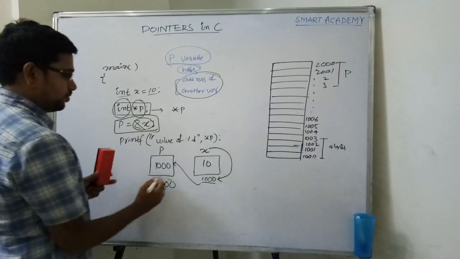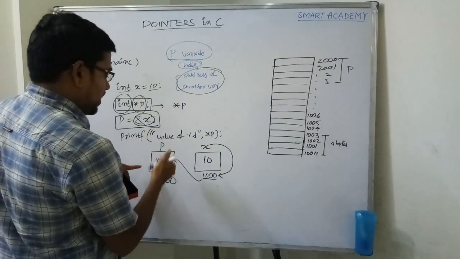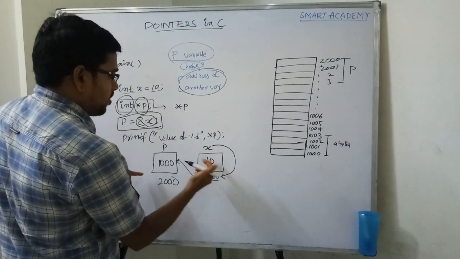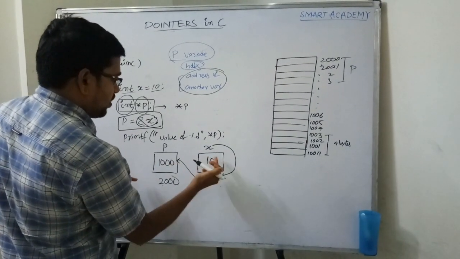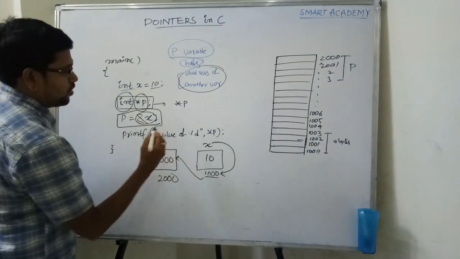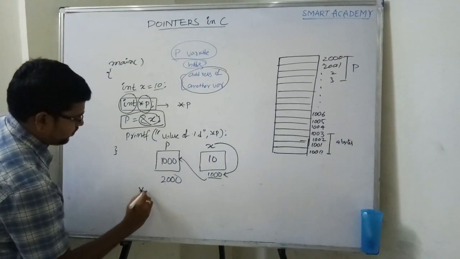Now, how can I retrieve the value of x? Let's say I use *p.